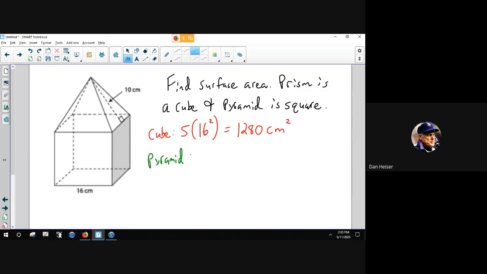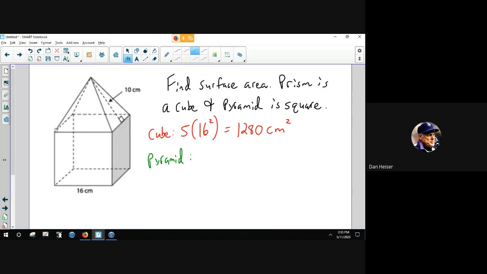For the pyramid, again, we have to look at what's on the outside. The base of the pyramid, not on the outside. But we have 4 triangles that are.